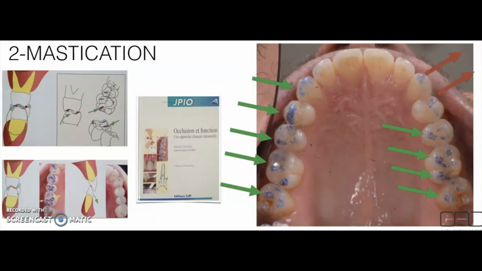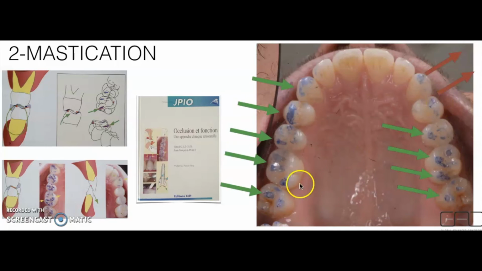So, what kind of trajectory we want to have? This is the green arrow. The green arrows show the trajectory of mastication on the teeth, and these are the contacts we want to obtain. It's not interference.